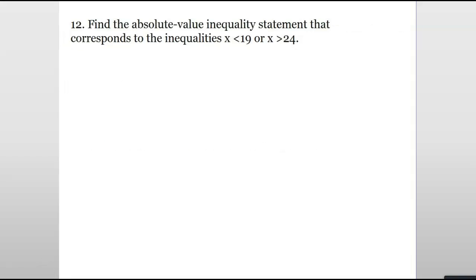Let's try it again, but with an "or." So you have x is less than 19 or x is greater than 24. So the first thing you want to do is find out how far apart are they.